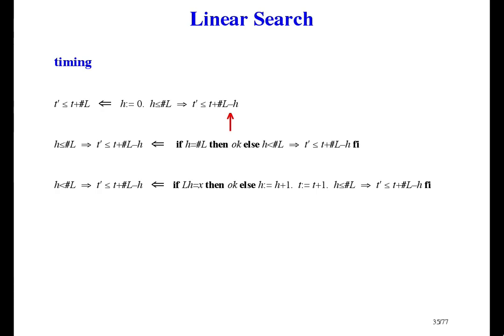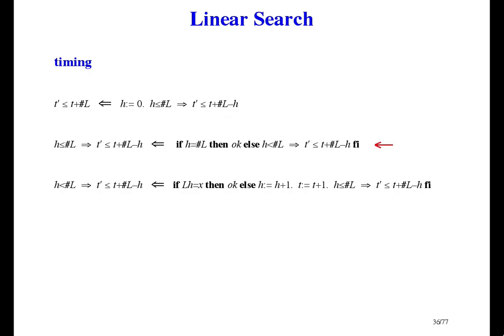That's the number of items still to go. It has to be less than or equal, not just equal, because we may not have to go to the end of the list. Replacing h by 0 here makes the right side equal to the left side and proves the refinement.